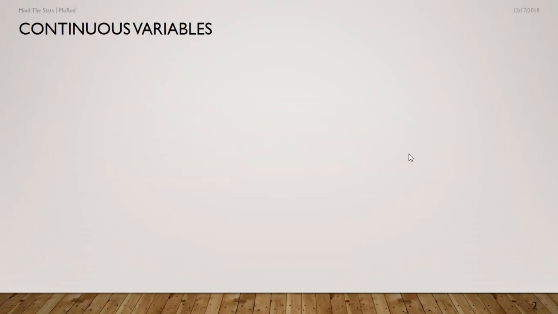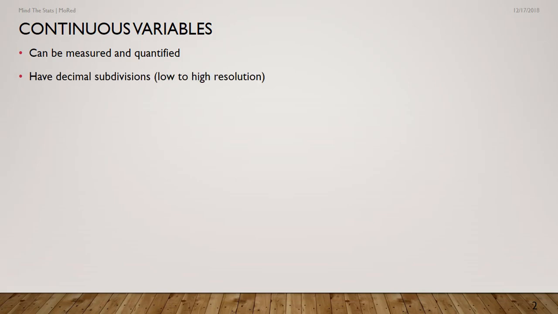Before we get into the subject of binomial distribution, I would like to remind you of the two types of data we encounter in everyday life: the continuous and categorical data types. First, the continuous variables. They can be measured and quantified. They have unlimited subdivisions. They can be converted to different scales.